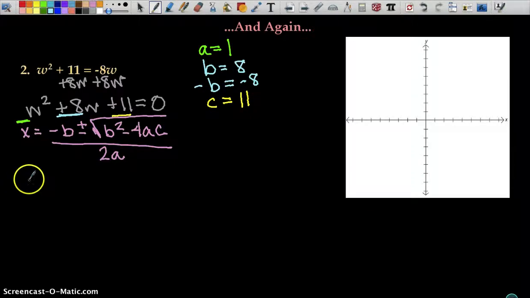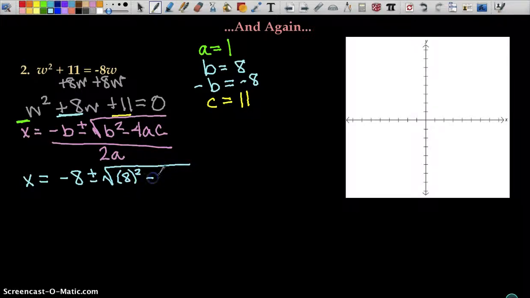And now you go in and plug in all of your information. So x equals negative B, which is our negative 8, plus or minus the square root of B squared, so 8 squared, remember to use parentheses, minus 4 times A, which is 1, times C, which is 11, all over 2 times 1.